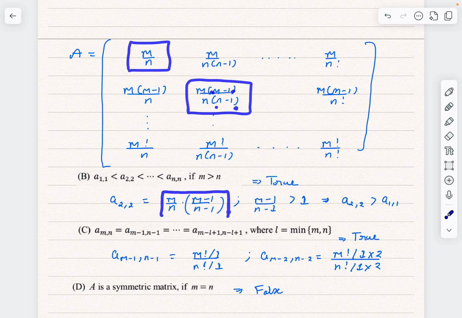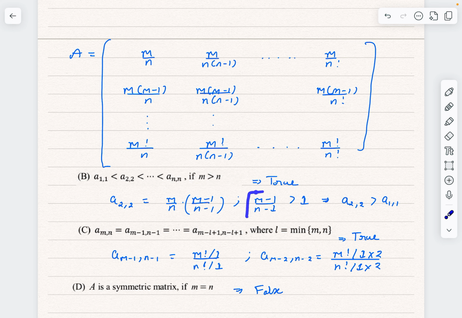You see, if m is more than n, m minus 1 will also be more than n minus 1. So if the numerator is more than the denominator, this value will be more than 1. So we are multiplying m by n by some number which is more than 1. So A22 will be more than A11, and the same thing will keep on going. So we can say option B will be true.